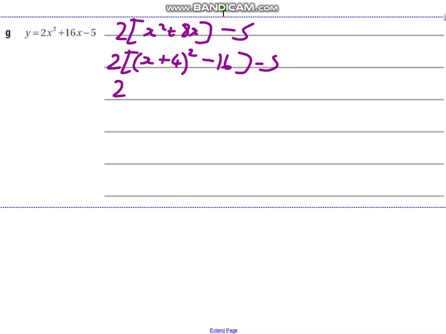If we then just expand the bracket out, so we've got 2 x plus 4 all squared. We've been doing it long enough now to just do this in one step. So 2 times 16 is 32, so that's going to be minus 37. That's positive, so that's going to be a minimum, and the minimum is going to be at minus 4 because that makes that 0, minus 37.